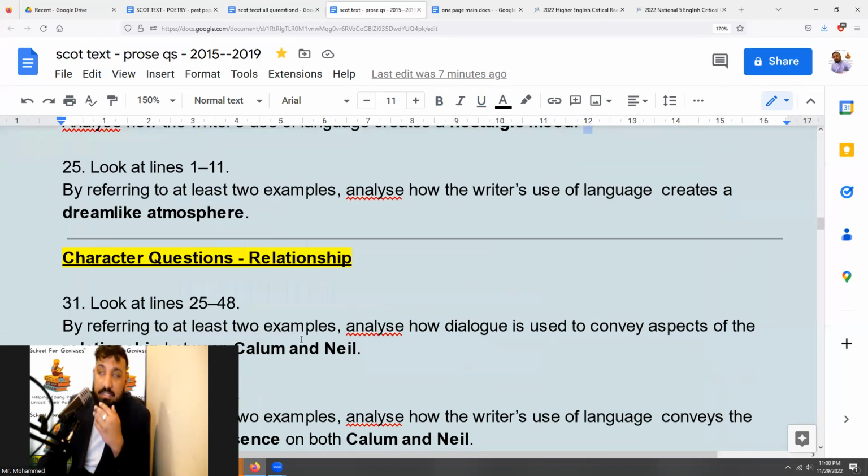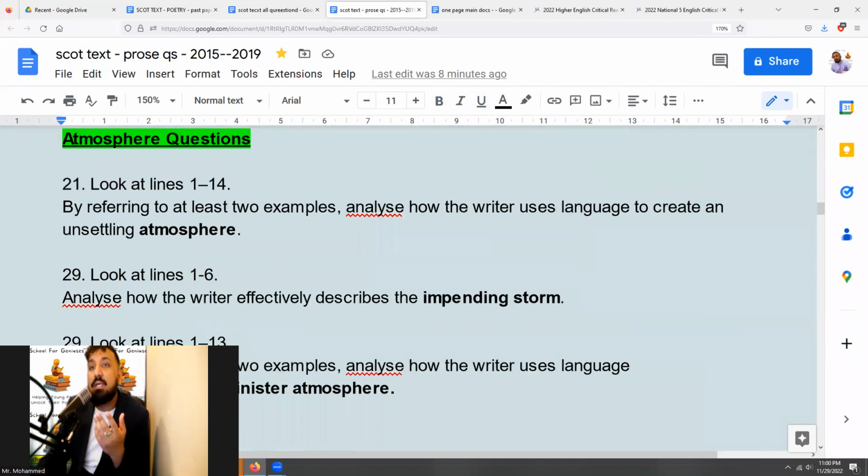It basically just means, how does the writer make the writing sound a certain way, or give the place a certain feel? Like an unsettling atmosphere means there's something disturbing going on, something related to horror or something supernatural. How does the writer create that sort of feeling?